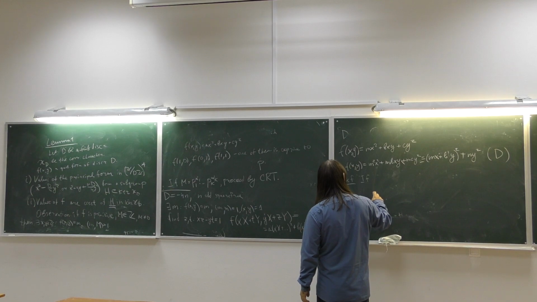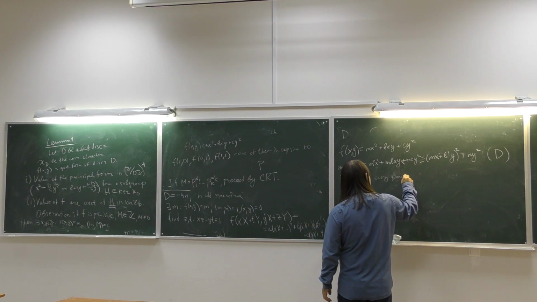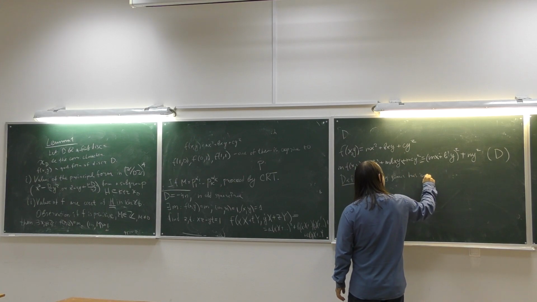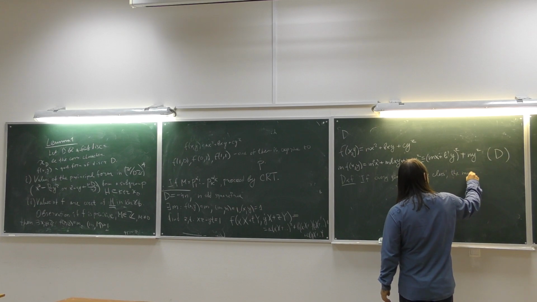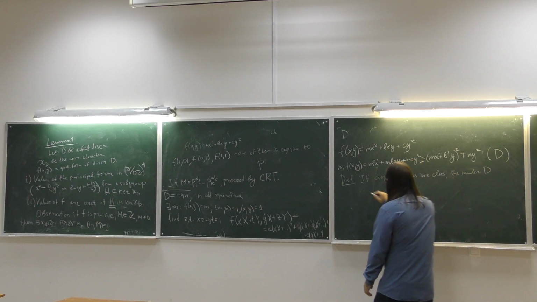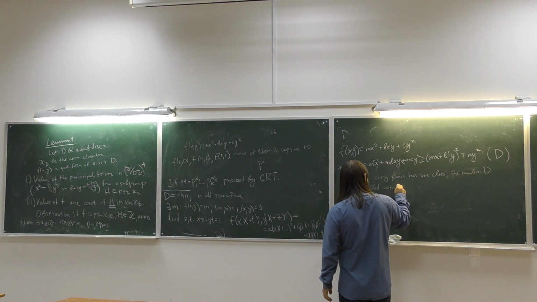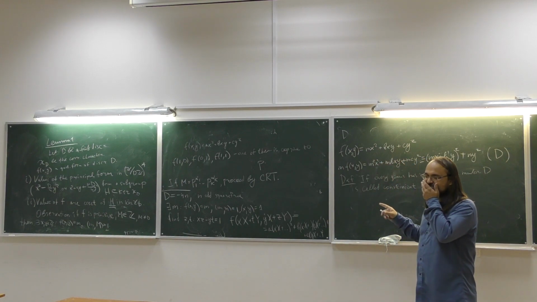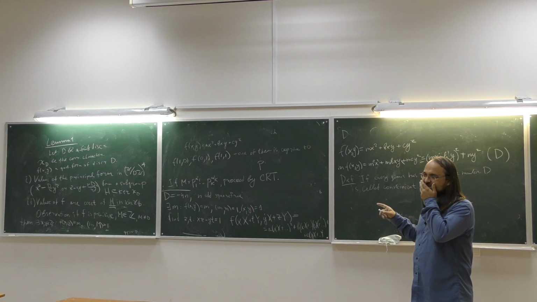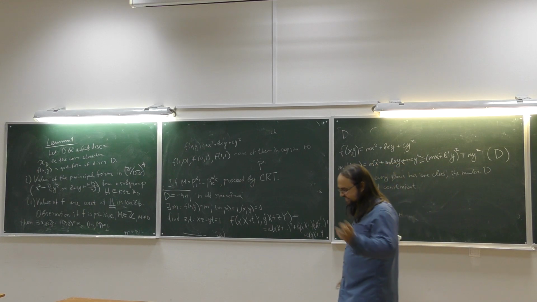If every genus has one class, the number D is called convenient. I'm not sure about my spelling of convenient. Convenient, okay.